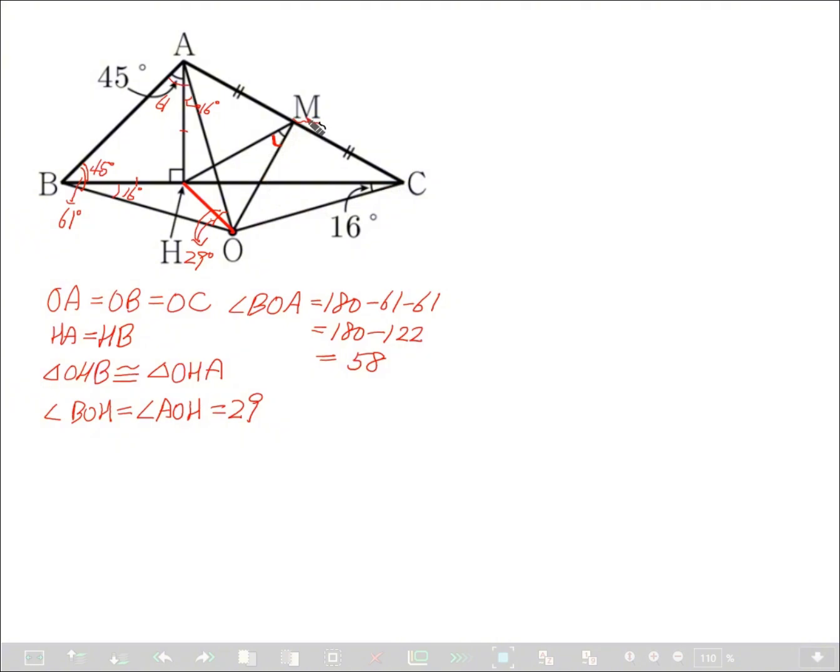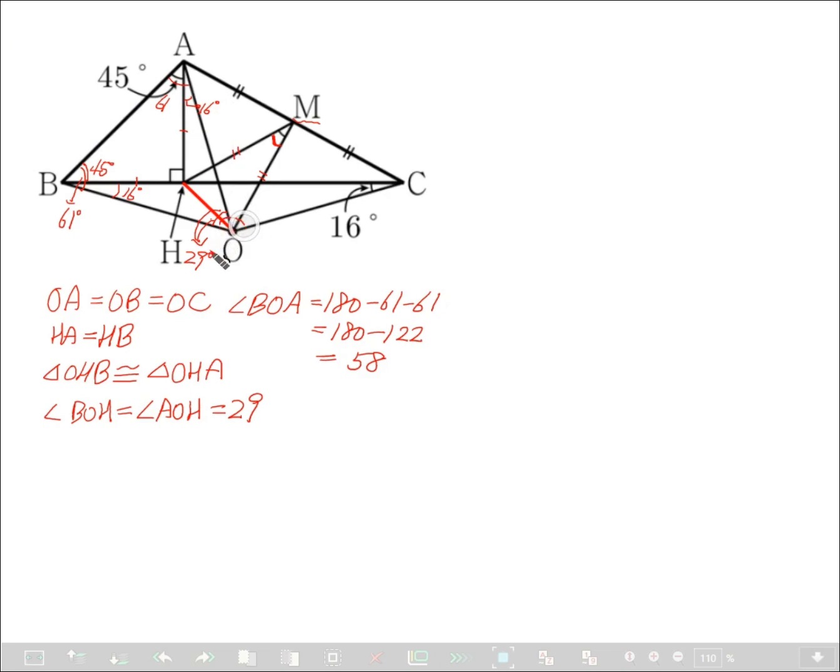That means M is the circumcenter of triangles AHC and AOC. So MA equals MH equals MO equals MC. Naturally, MHO is an isosceles triangle.